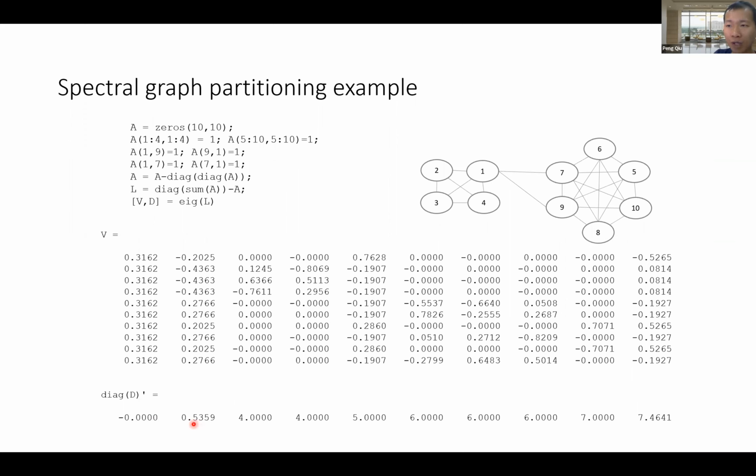And then if we look at the second smallest eigenvalue and its corresponding eigenvector, what's magical is that in this eigenvector, the elements with negative sign versus the elements with positive sign actually induce a partition of nodes into two groups. 1, 2, 3, 4 is one group, the rest is another group.